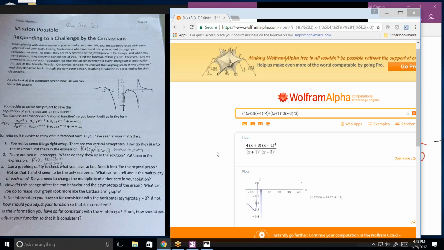Yeah, because it's kind of crazy the way she's grading it. A third of it is just if you got the right function or not. A third of the points. Oh, just a third? In other words, you could get 2 points on the thing if you get the asymptotes correct and all the other stuff?